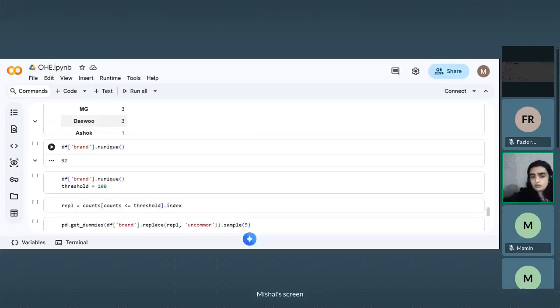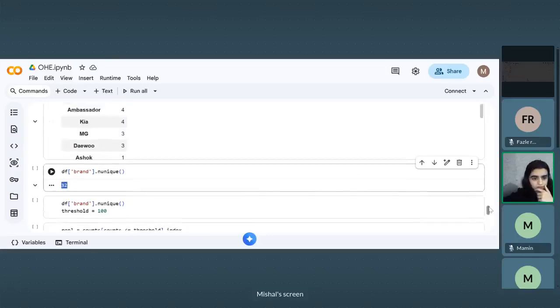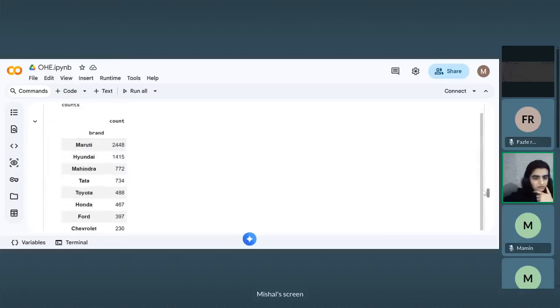So in total there are 32 brands, and we discussed an issue with OHE that if there are more categories in a single column, it will make them separate columns, and then it will take a lot more space and a lot more time to process. So that's an issue.